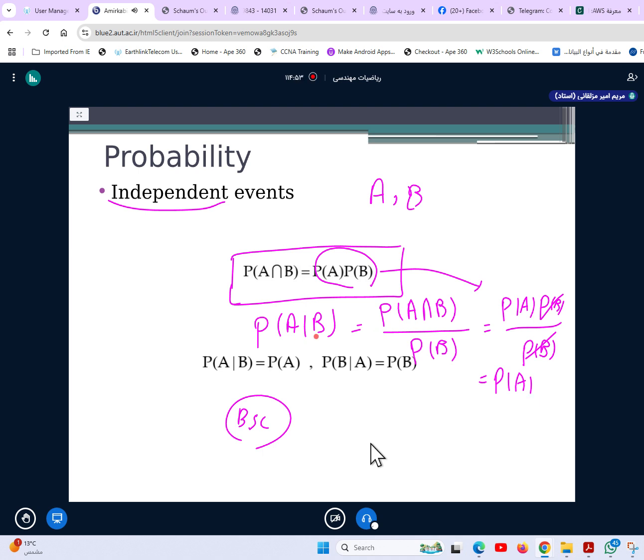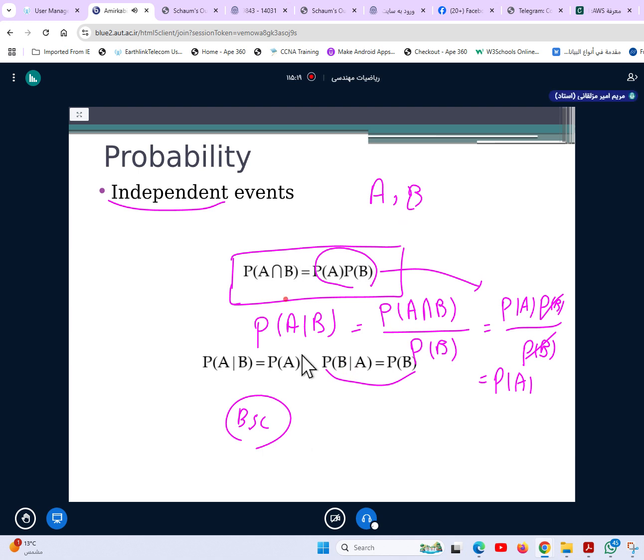This is the meaning that the two events A and B are independent of each other. And in a similar way, you can simply prove that the probability of B conditioned on A is equal to the probability of B. Why? Because A and B are independent. They are not related to each other.